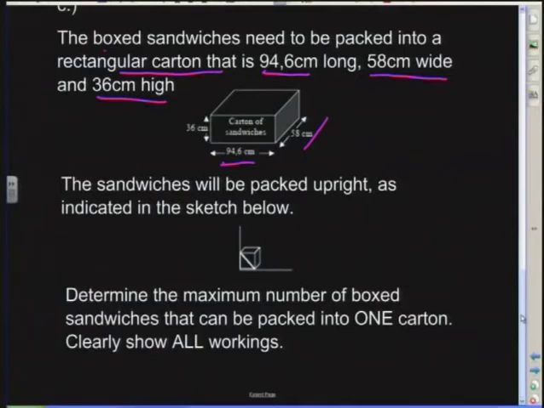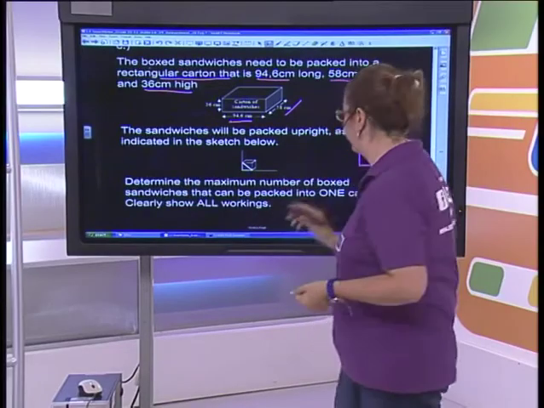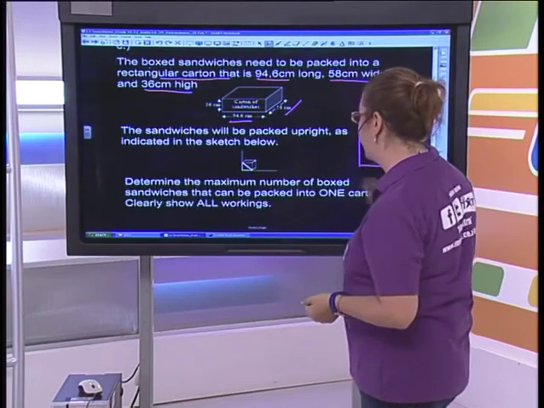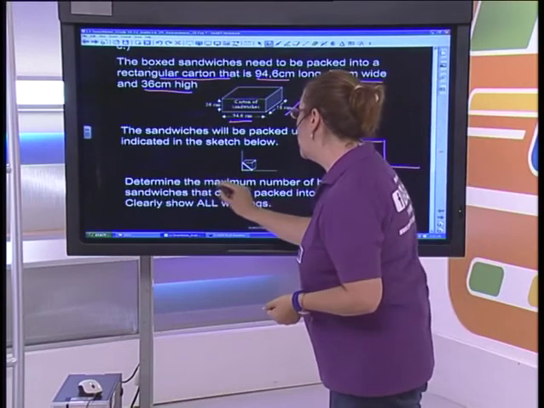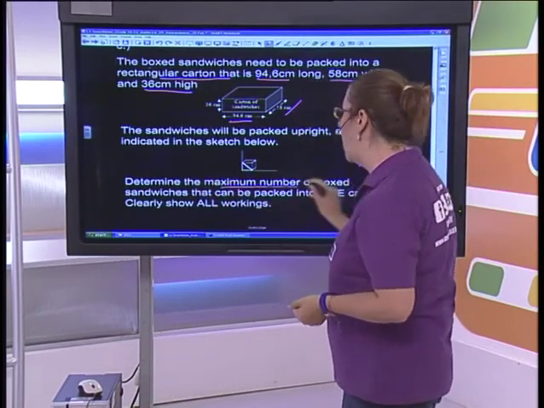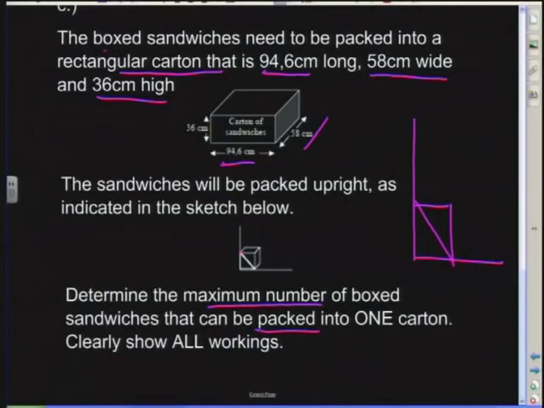I'm going to try to redraw this. Maybe if we redraw it, it'll be a bit better. We are packing the sandwiches, one sandwich there, and then one kind of upside down. So we've got 2 sandwiches sitting in that space. Determine the maximum number of boxed sandwiches that can be packed into one carton and clearly show all your workings.